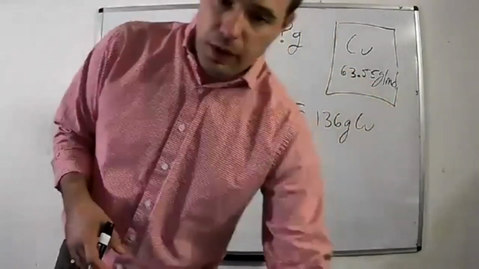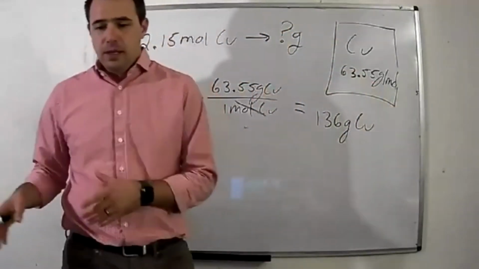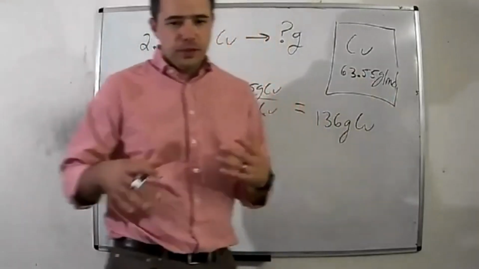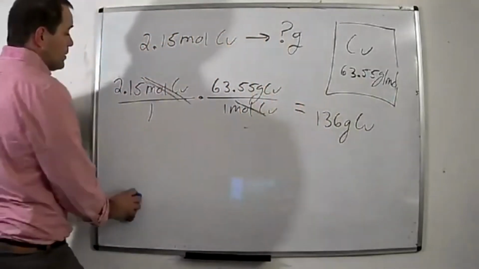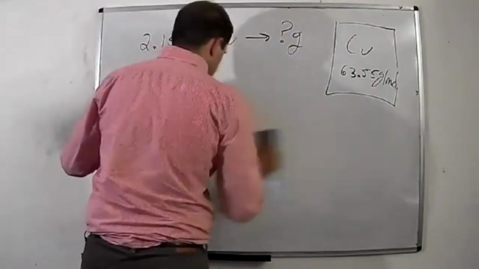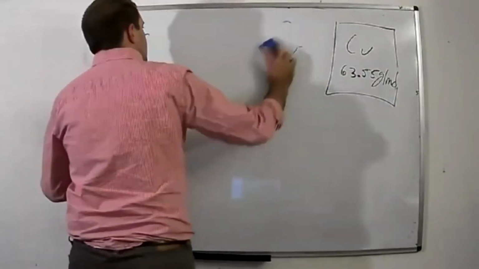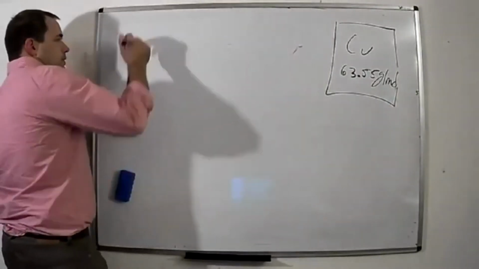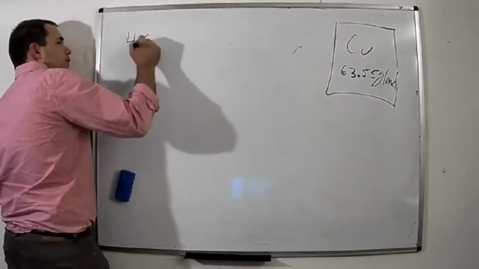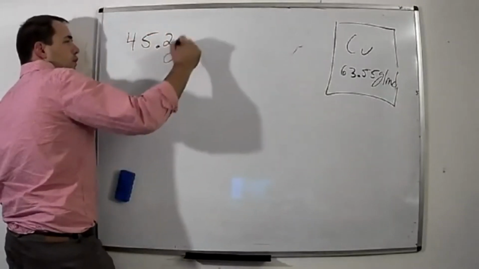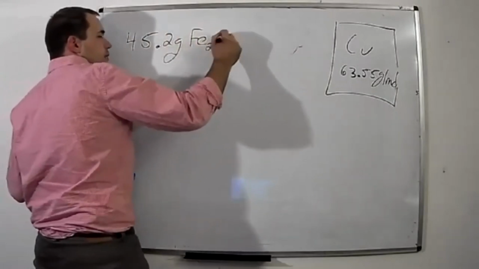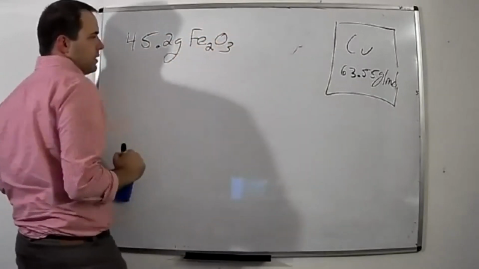Now we can also go the other way. We can take a mass and convert that to moles. Let's try that. Let's try this one for a molecule. Let's say you had 45.2 grams of rust, Fe2O3, iron 3 oxide.